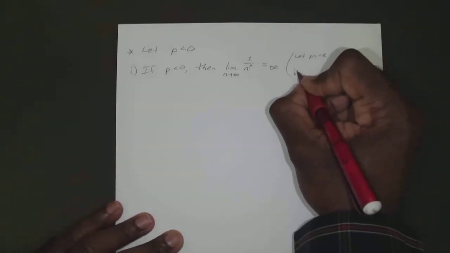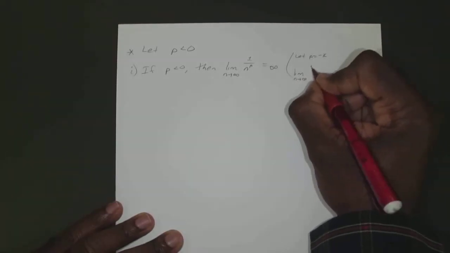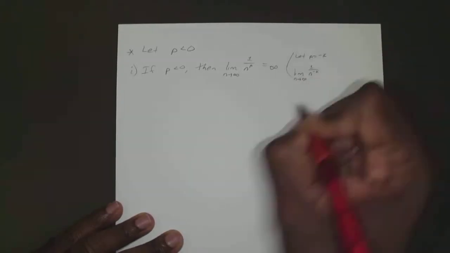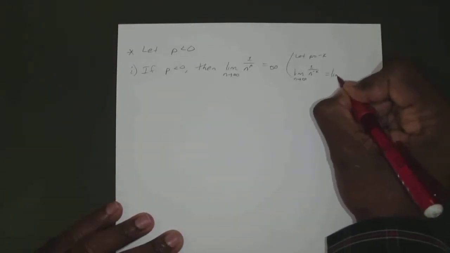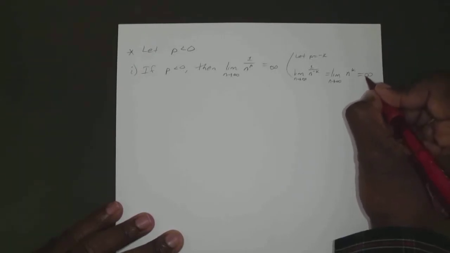So you have the limit as n approaches infinity of 1 over n to the negative k. That negative is just brought up top. So that's the limit of n to the k. And as that gets bigger, it's just going to approach infinity.